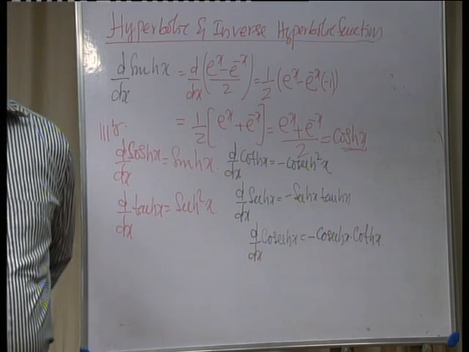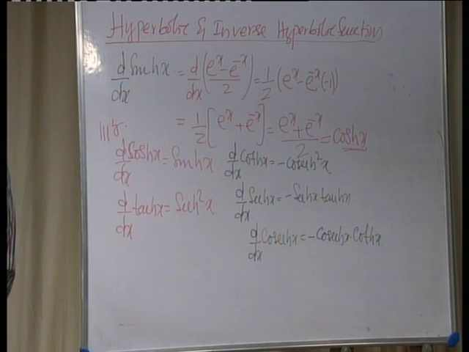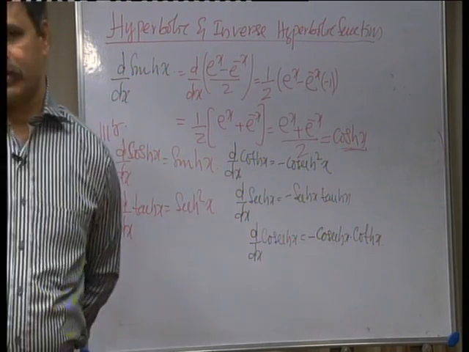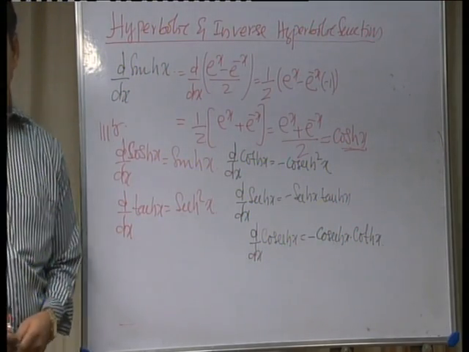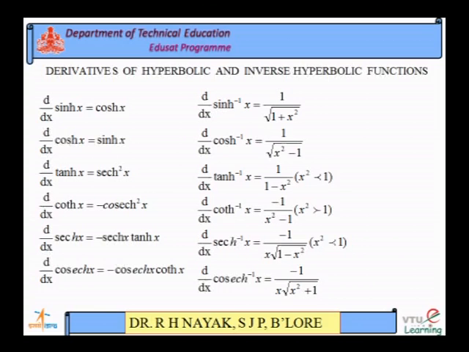Derivative of inverse hyperbolic functions: the derivative of sinh inverse x is 1 by root of 1 plus x square. You see the slide, I have mentioned the derivative of hyperbolic and inverse hyperbolic functions. Differentiation of cosh inverse x is equal to 1 by root of x square minus 1.